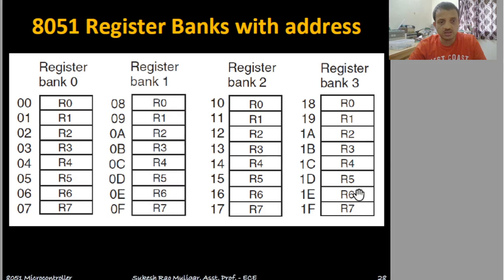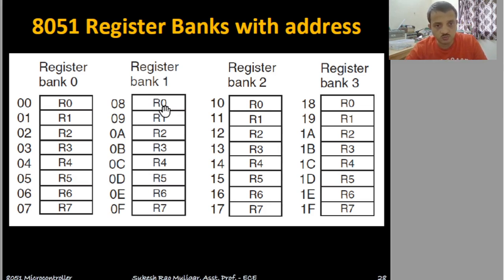So the thing is, each of these banks, R0 to R7 of register bank 0, R0 to R7 of register bank 1, and register bank 2, even though the notations are the same, they are R0 only, but the locations are different.